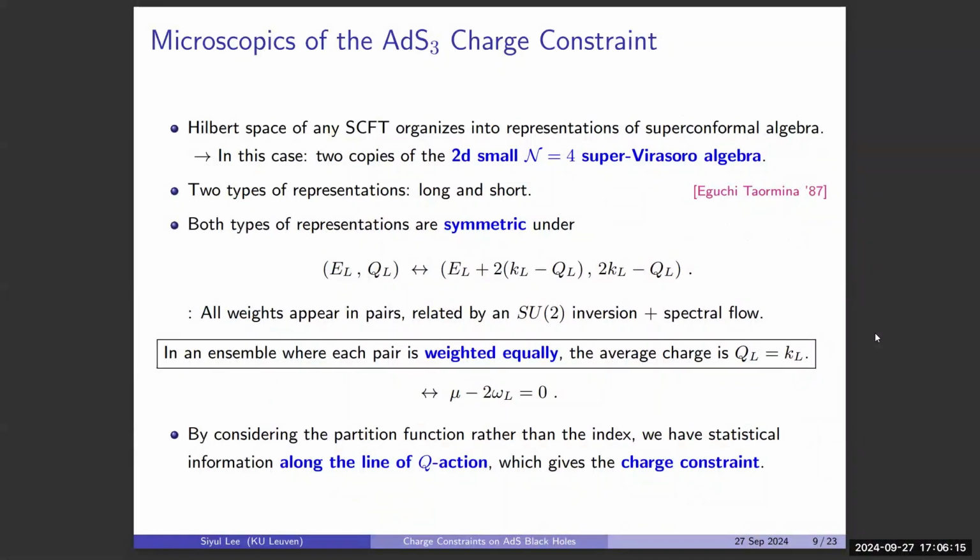Because I have been arguing that the black hole is due to an ensemble of states, and when you say macroscopic quantum charge of the ensemble, you take the average given the chemical potential of the grand canonical ensemble. So, naively, can we say that the index, by allowing some complex numbers, is then more or less equivalent to the partition function? Yes.